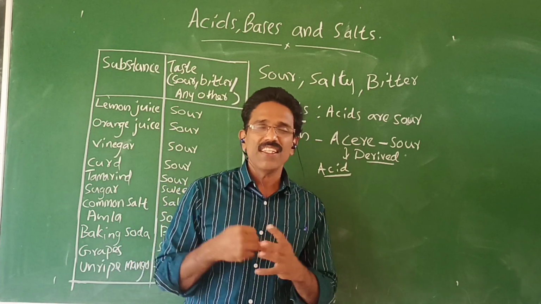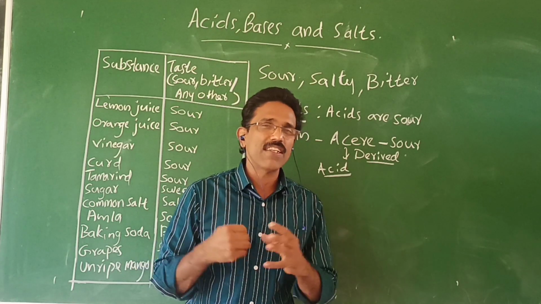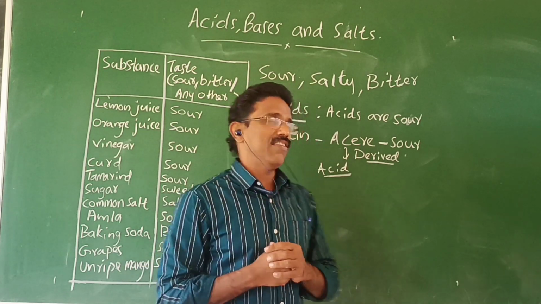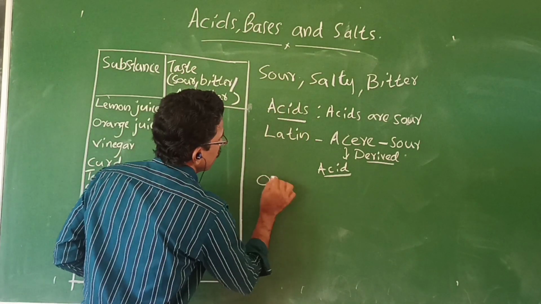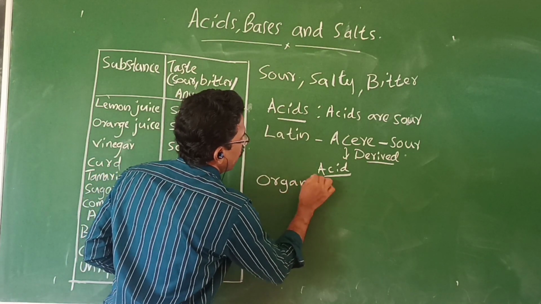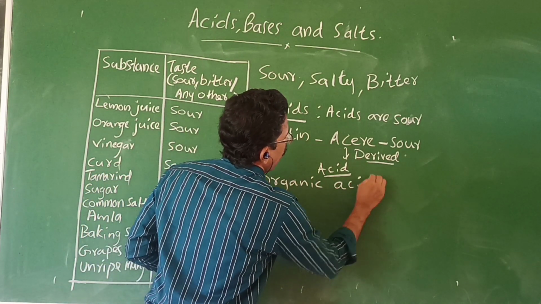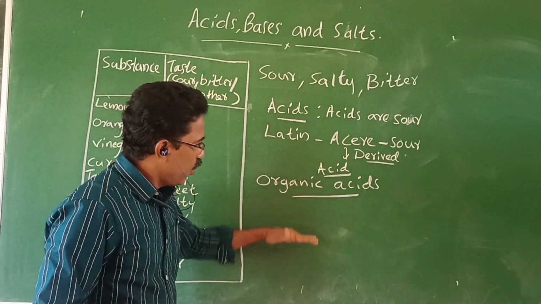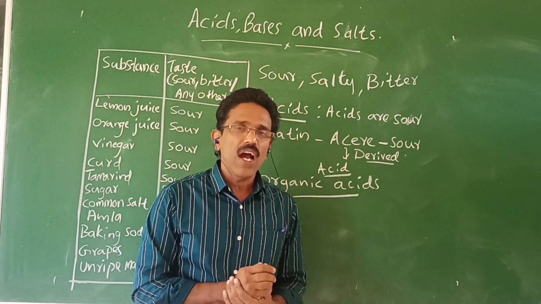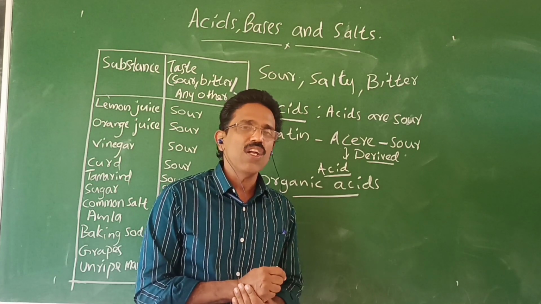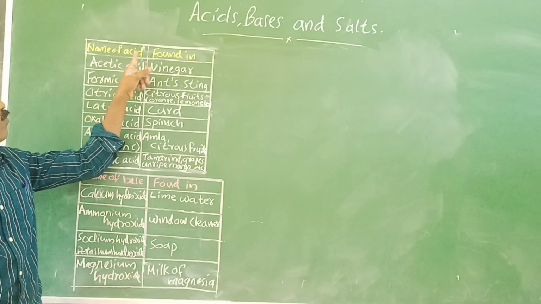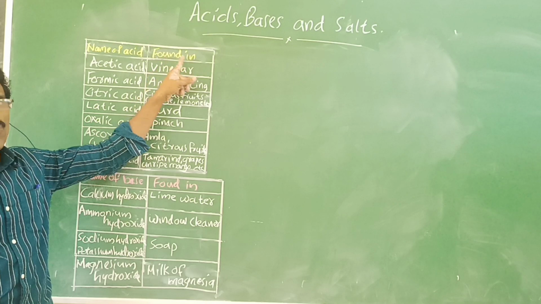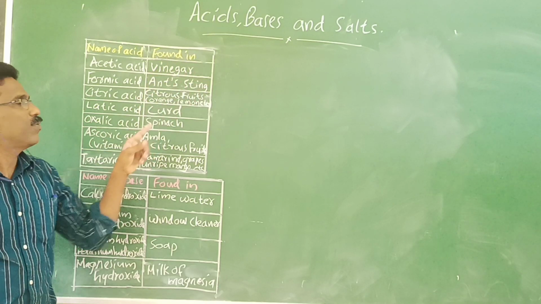So we can say the acids present in organisms are organic acids. Understood? So let us discuss a few acids and the food materials where they are found.